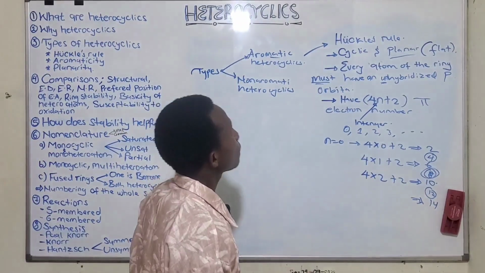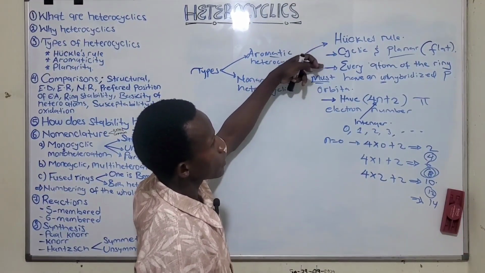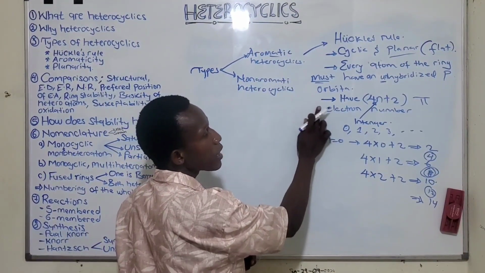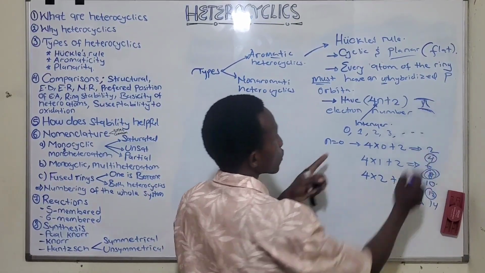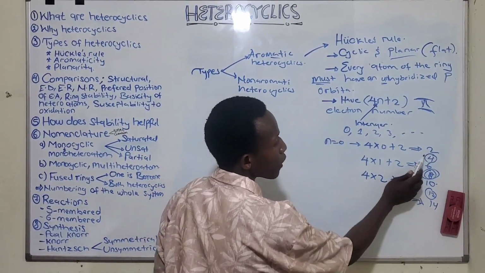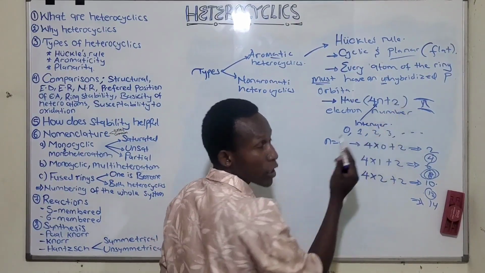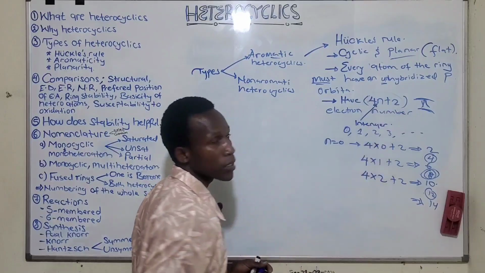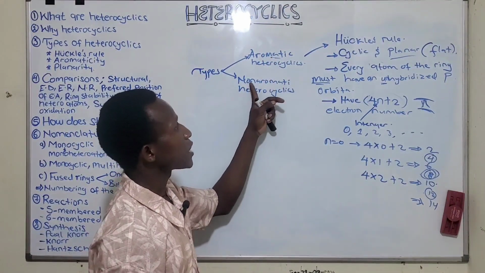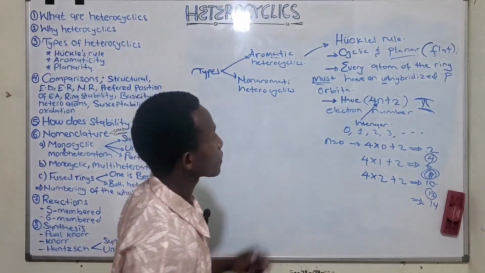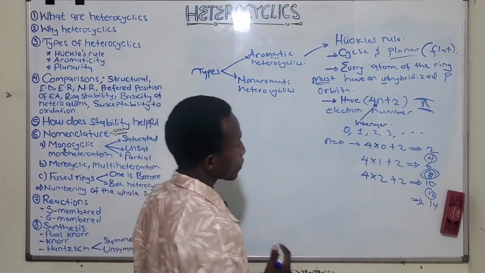Therefore, if you have a heterocyclic compound satisfying the other two criteria, but its number of pi electrons is either 4 or 8 or 12, it cannot be gotten by this formula. It means that it's not aromatic. It's a heterocyclic, but it is non-aromatic. So we shall see the examples.